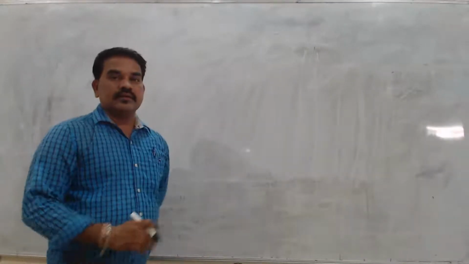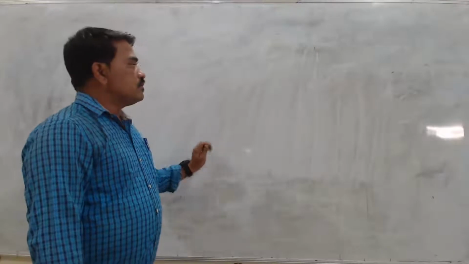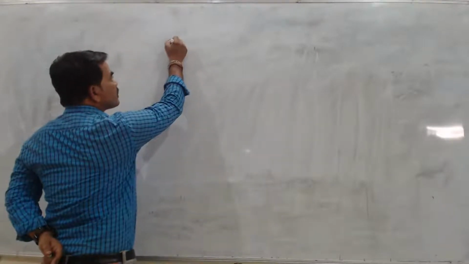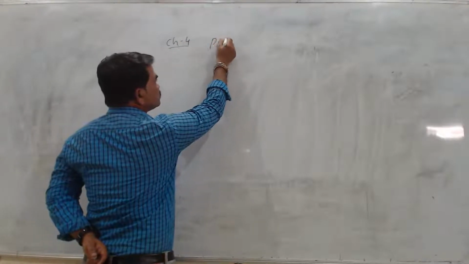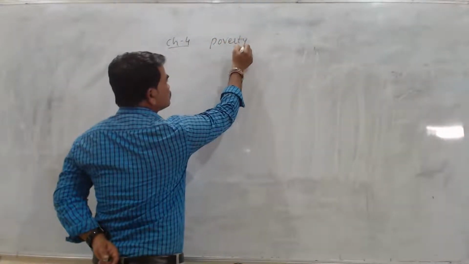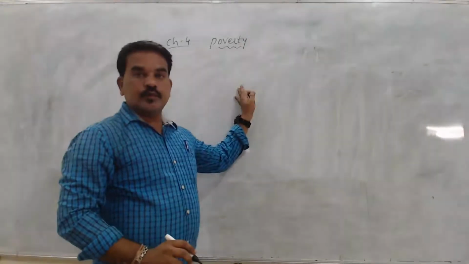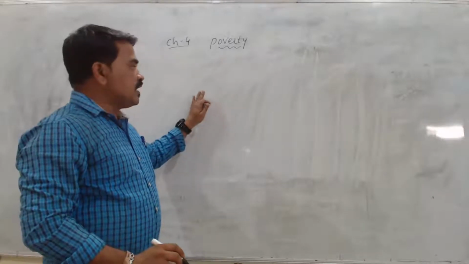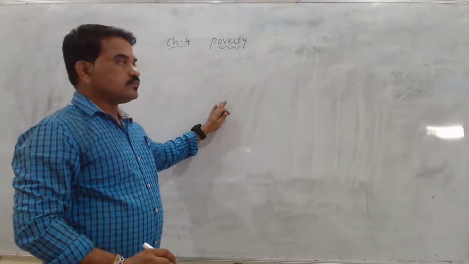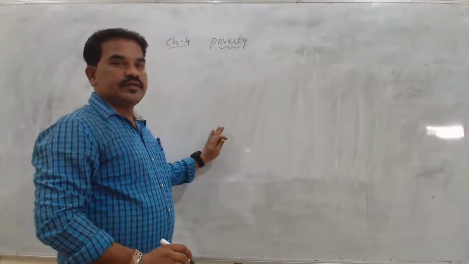Here, in this particular fourth chapter, poverty, we understood poor, how we can identify poor, what is the poverty line, how we define the poverty line, and what are the categories. Those things we understood.